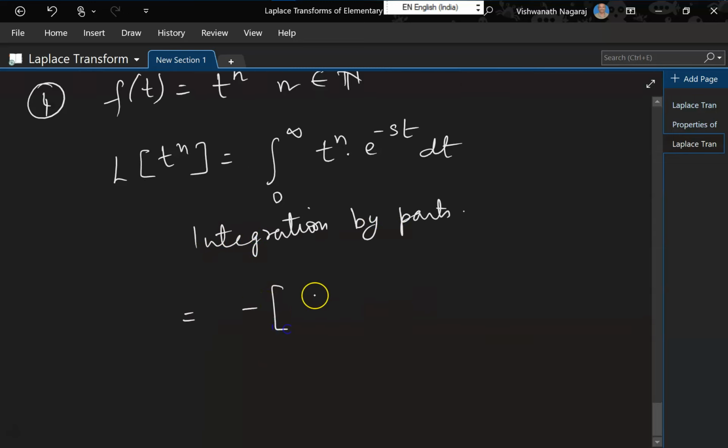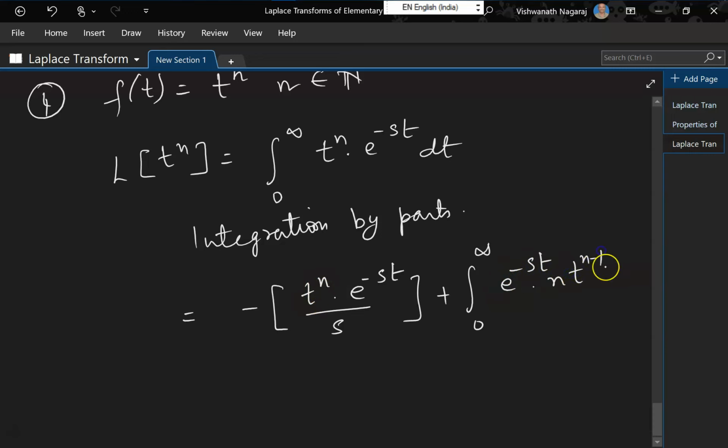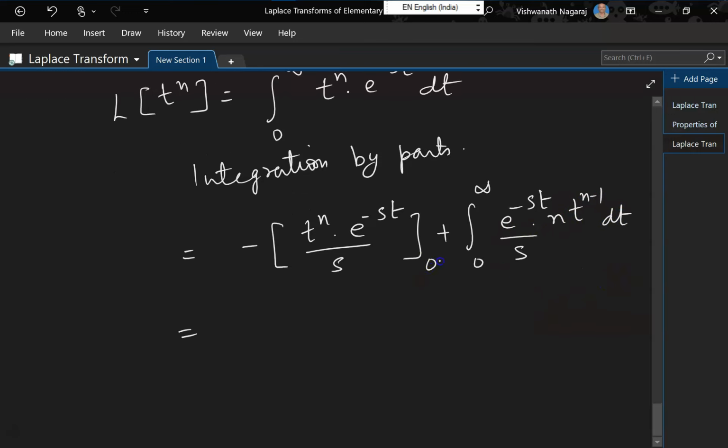This would be minus t to the power of n times e to the power of minus st by s plus the integral from 0 to infinity. Remember uv minus integral of u dv, or v du. Okay, so now this would be e to the power of minus st times the differential of t to the n, so n t to the n minus 1 by s dt. Now remember, this is 0 to infinity. So let's evaluate this between 0 and infinity.